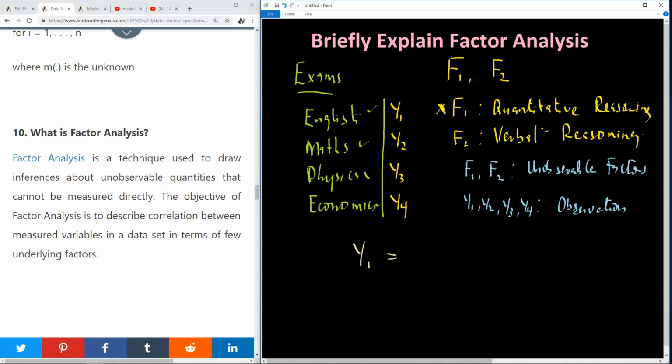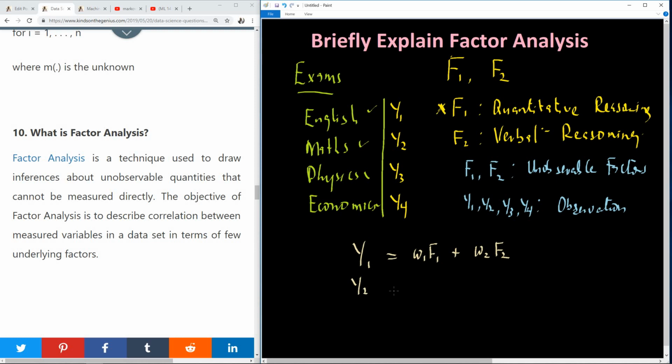But English may be related more closely to verbal reasoning and less closely to quantitative reasoning. So we use some kind of weights. Let's call those weights W. So we have W1 F1 plus W2 F2. Here it tells us that Y1 is related to F1 and F2, but the extent to which it is related to F1 is given by W1, and the extent to which it is related to F2 is given by W2.